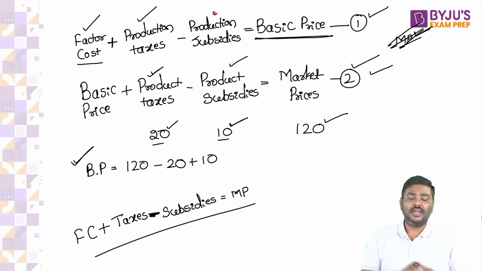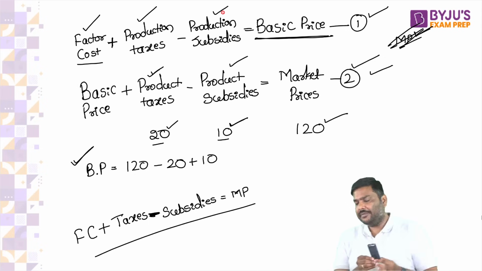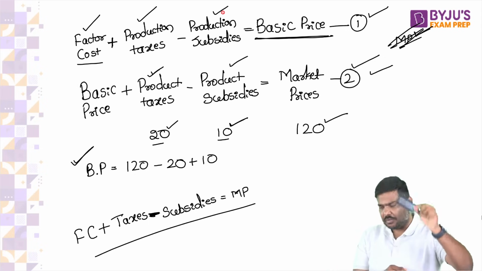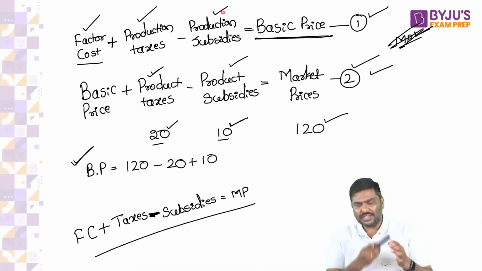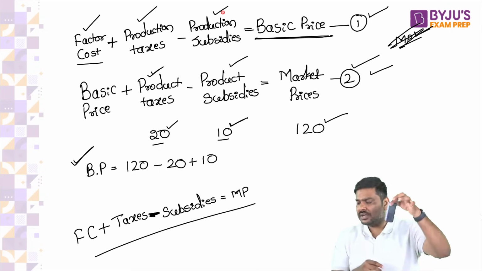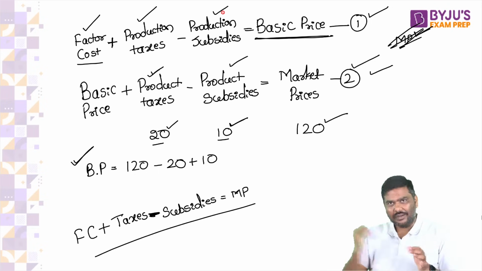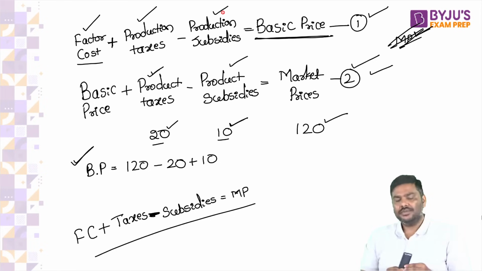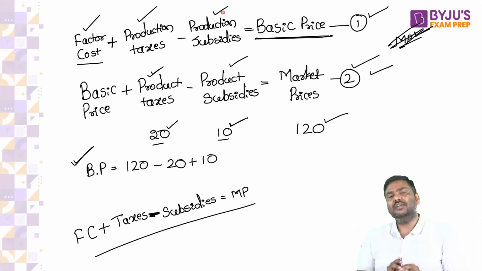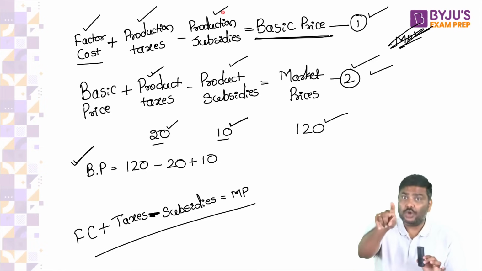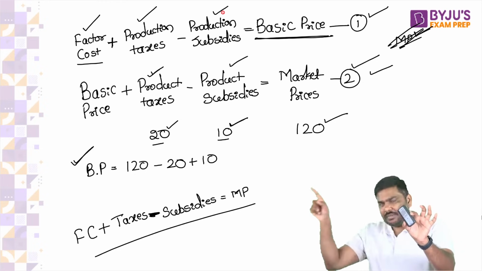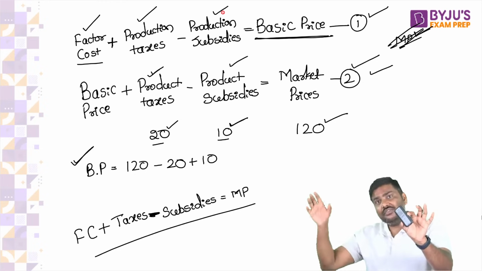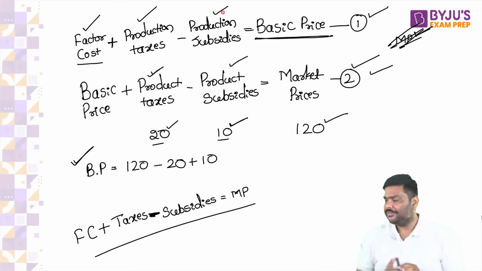Now, many of you will ask, sir, why are you doing the first formula? That's the reason I said, imagine you're manufacturing this remote control and you're selling it in the market. My argument is, the basic price is nothing but the price that you should receive by selling this product in the market after adjusting for taxes as well as subsidies.